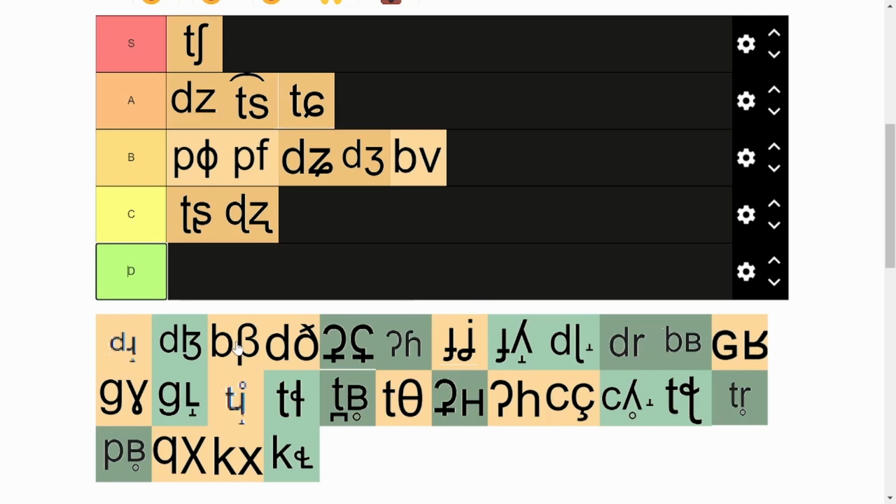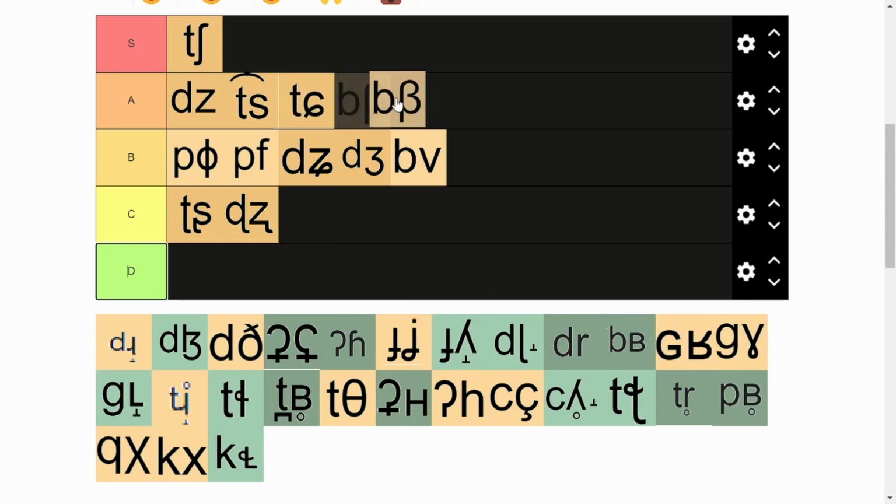Same. Because the full bilabial one fits much more than the labiodental one. Technically, the normal V sound makes it a heterorganic affricate, which means they have two different places of articulation, which makes it a little bit harder sometimes to pronounce.